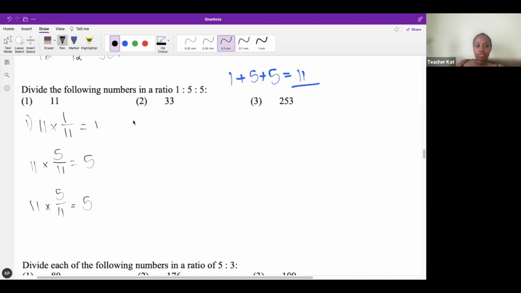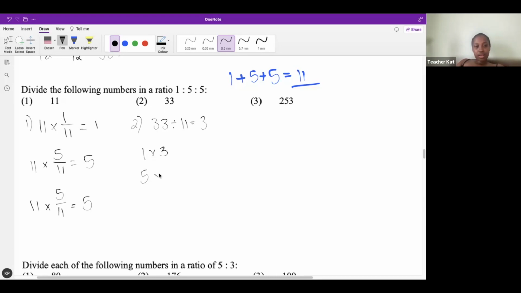With this one, I'm doing method 2. So I'm going to say 33 divided by 11. How much is 33 divided by 11? That is 3. So one part is worth 3. So then the first person will get 1 times 3.